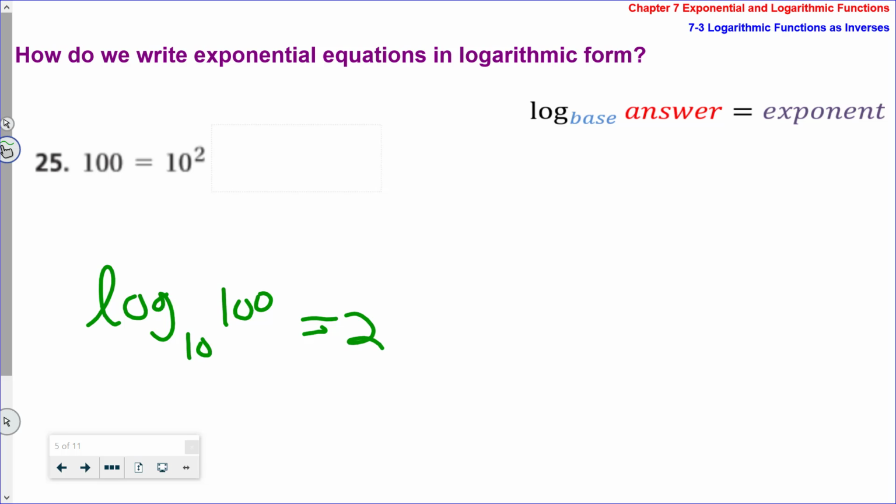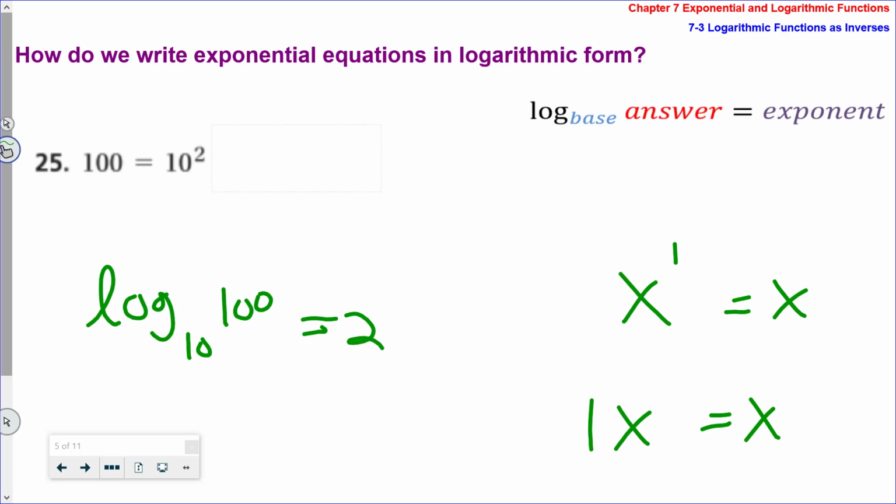Now, here's another thing. You might want to write this down. You know when you have x to the first, you don't have to write the 1, correct? You could just write x. Say you have 1x. You don't have to write the 1 in front. You could just write x. Does that make sense?